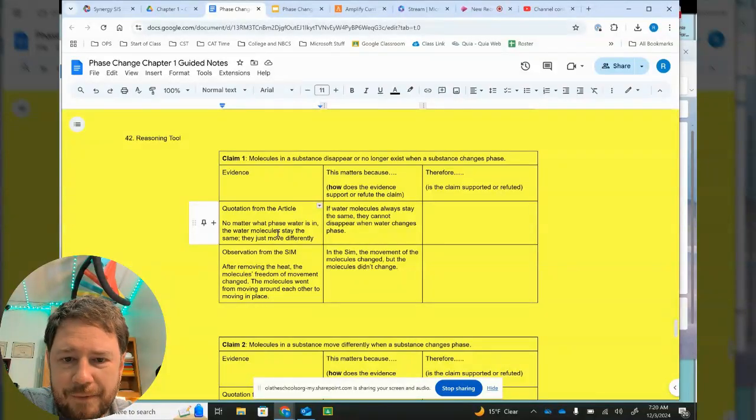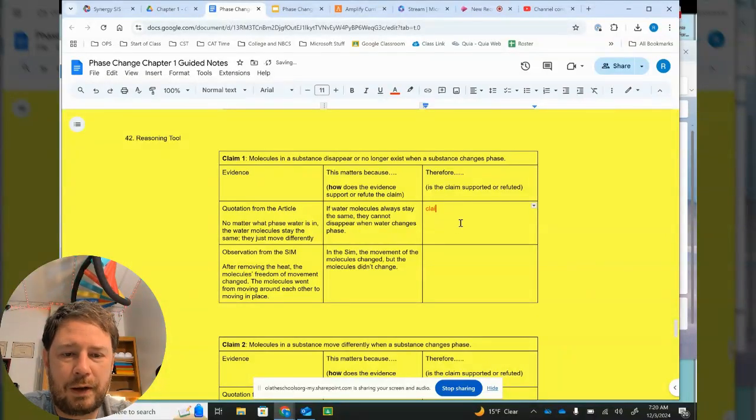So this evidence matters because if water molecules always stay the same, they cannot disappear when water changes phase. Here it says the water molecules stay the same. They're not disappearing. So therefore, claim 1 says they're disappearing. This says they're staying the same. Therefore, claim 1 is refuted and is wrong.